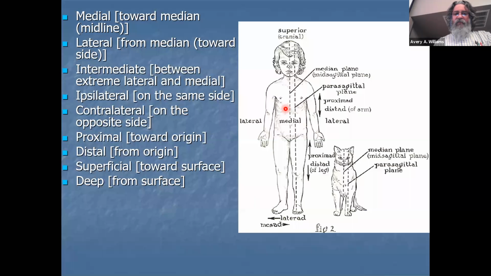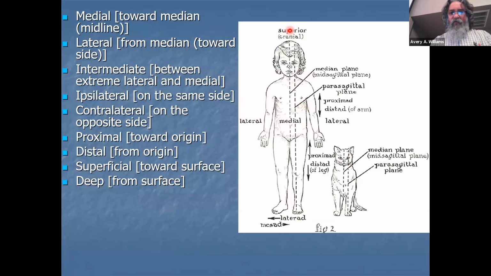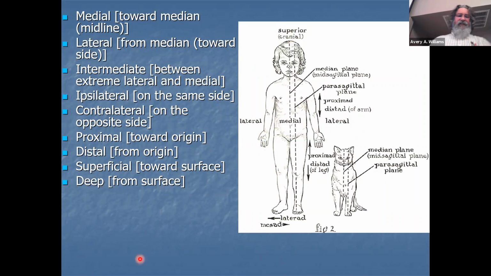But contralateral will be things on the opposite side of the body, like the gallbladder, which is upper right quadrant, and over here in the upper left quadrant would be the spleen. Those are two good contralateral internal structures. And of course, all your opposing appendages would be contralateral, I guess. So your right arm, left arm, those would be contralateral. But deeper things that are unpaired, you can identify some of those. Okay.